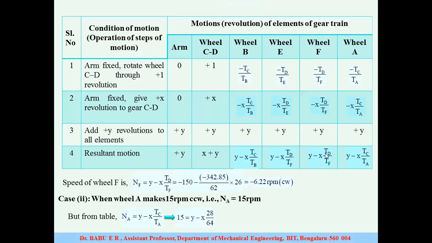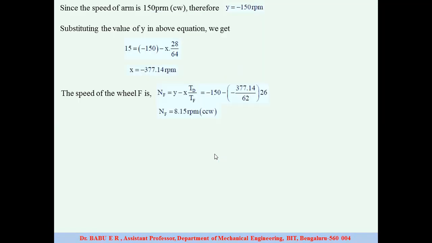Now find out the speed of wheel F, which is y minus x times Td by Tf. The values of y, x and the number of teeth are known, so substitute and simplify to get the value of F. Nf equals 8.15 RPM. You get a positive value, so it will rotate in the counterclockwise direction.